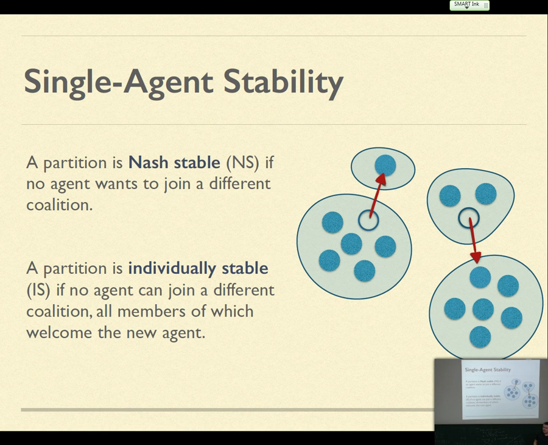They have no say. But if you say, well, this isn't really how social interactions work, then you can use individual stability here, which means no agent wants to switch over and is welcomed by his new mates. Right? So here, deviation is allowed if the switching person is strictly better off and all the other people here are weakly better off and allow this deviation to happen. You can define other things, like the people he leaves behind also must agree, but these are sort of the 2 main ones.